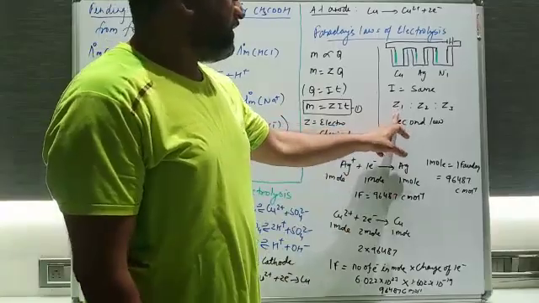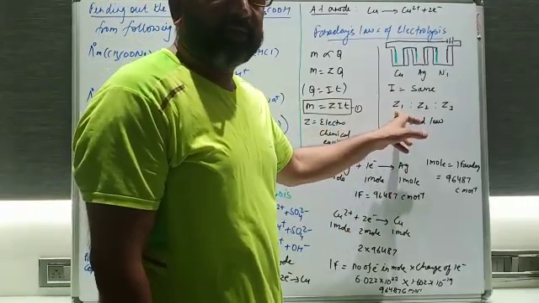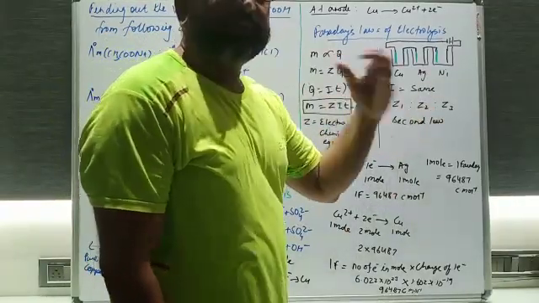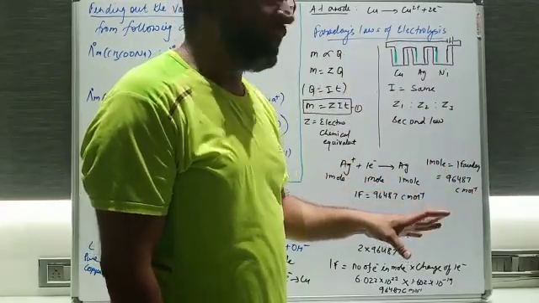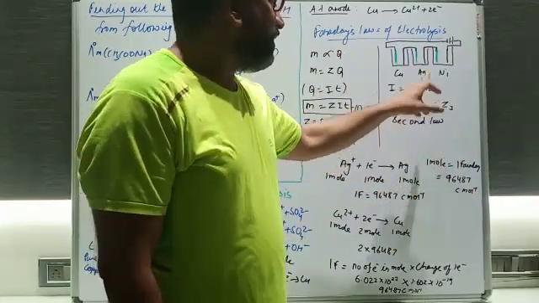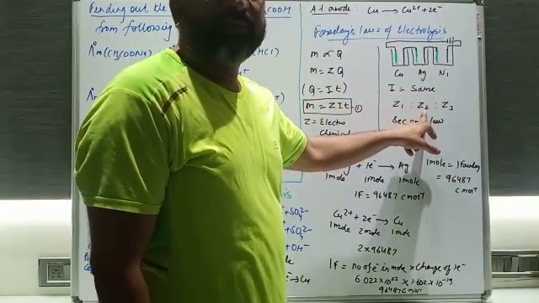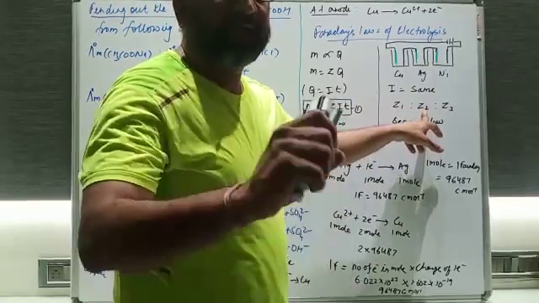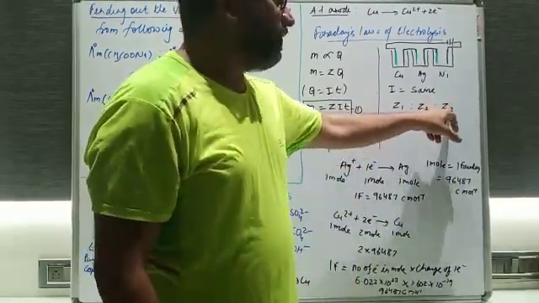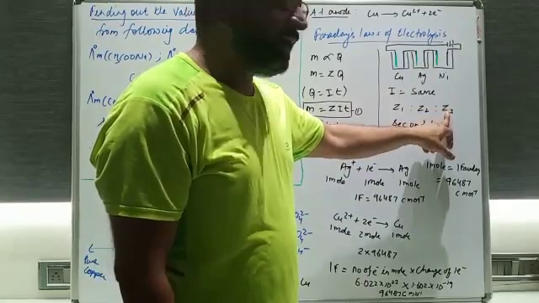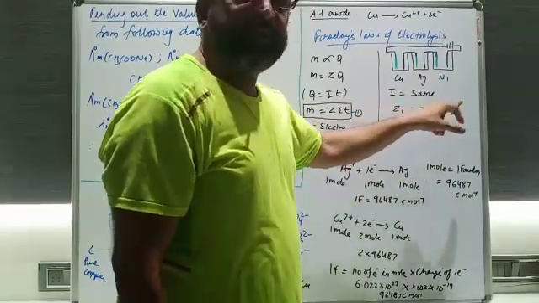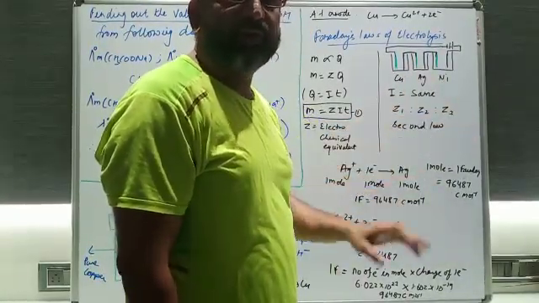Understood? Suppose the electrochemical equivalent for this one is Z1 and the value is 10. For the silver, suppose Z2, and we take an example of 20. And for Z3 it is 30. So 10, 20, 30. Then what will be the ratio? 1:2:3.